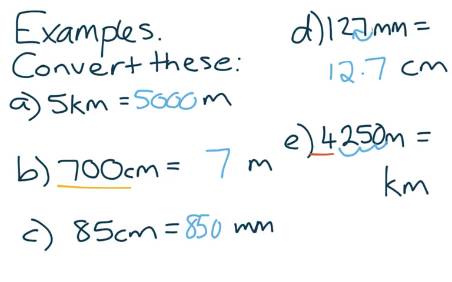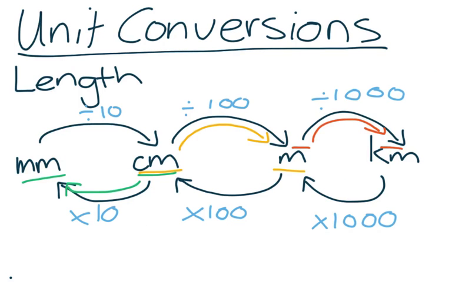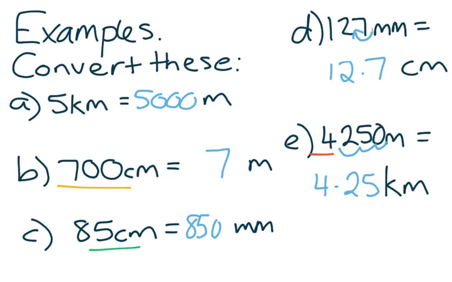In this next one we're going back 3 places because it's divided by 1,000, which means we end up with 4.25 kilometres. Just put a green arrow under there so you can see.